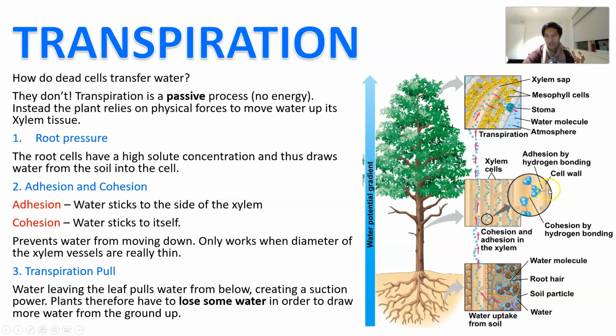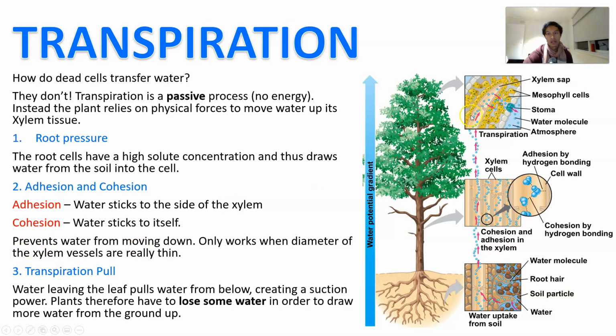Adhesion is when water sticks to the cell wall, and cohesion is when water sticks to itself. And these two processes, combined with the fact that these xylem vessels are really, really thin, are going to prevent water from moving back down via gravity. So water is going to slowly wick its way up through capillary action along these xylem vessels.